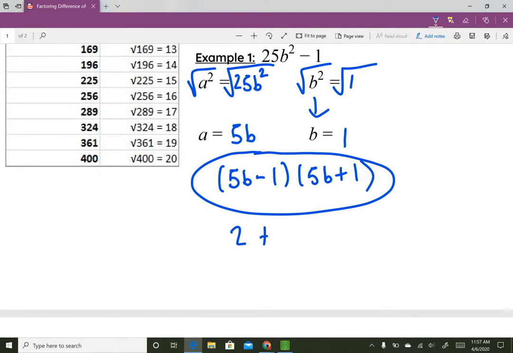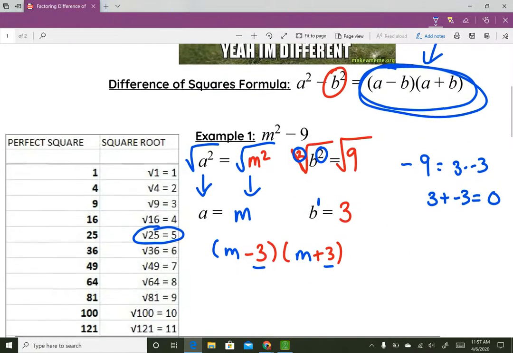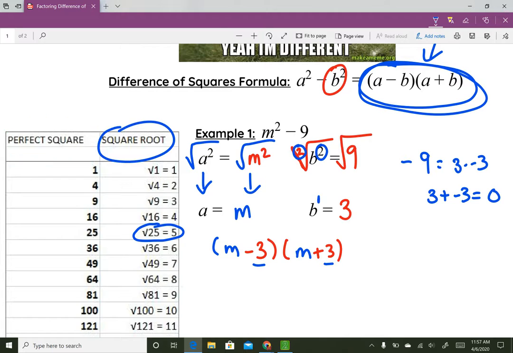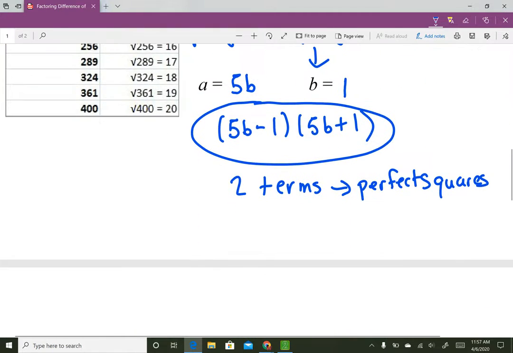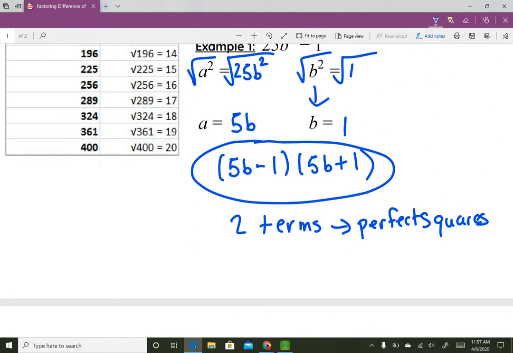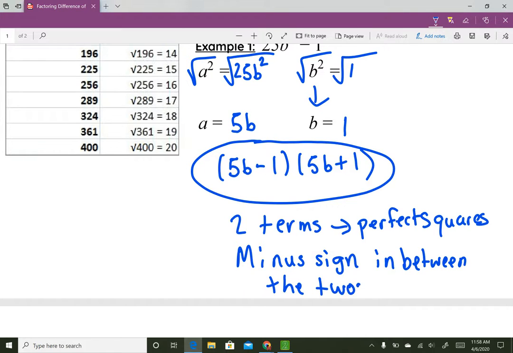So the biggest thing that I want you to remember is this. You see 2 terms. Both terms are perfect squares, meaning they're on this list. And there's a minus sign in between the 2 terms.